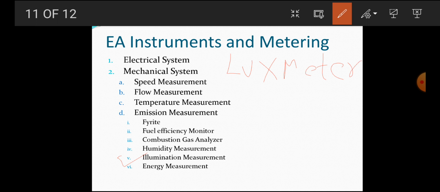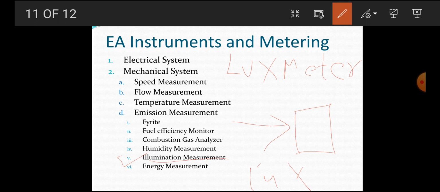A light sensitive cell measures the incident light and evaluates that against human daylight. The resulting value will be the intensity in lux. So that is illumination measurement.